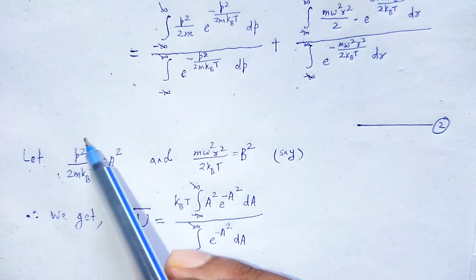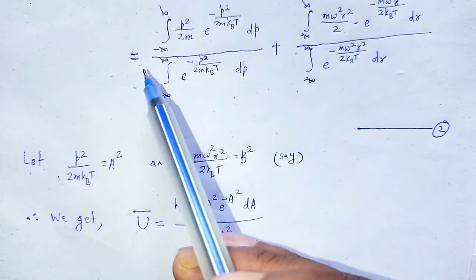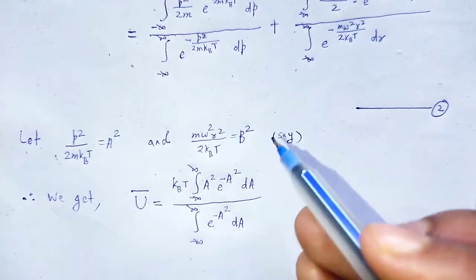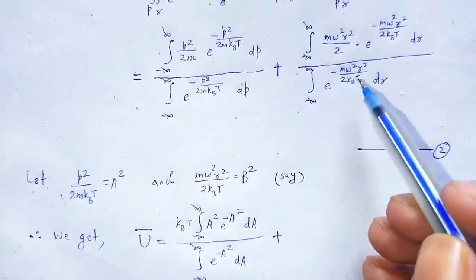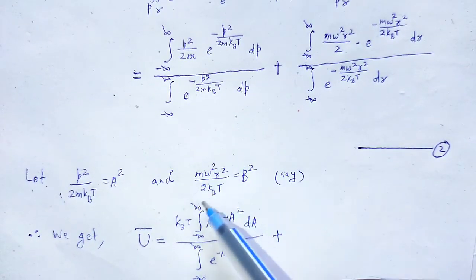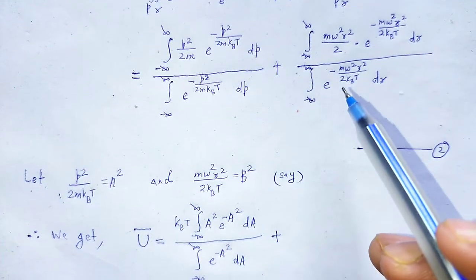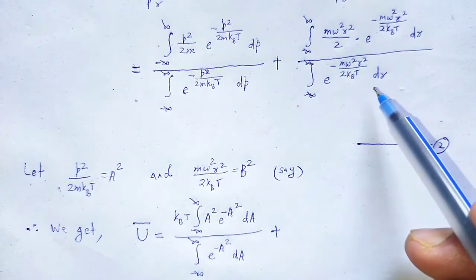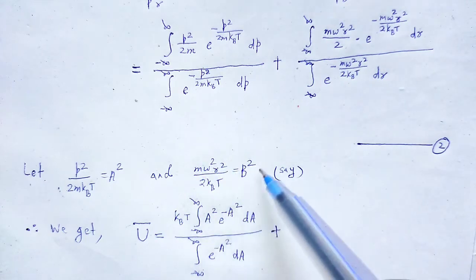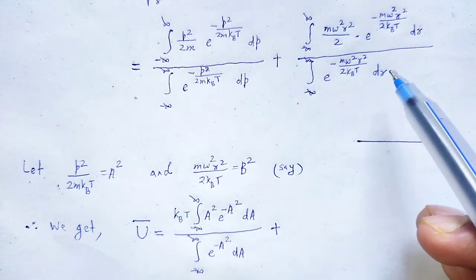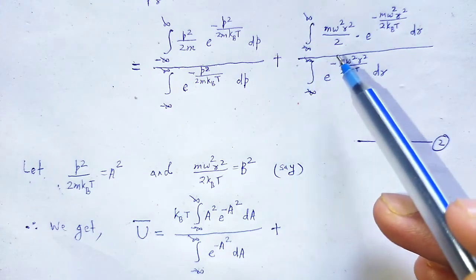So in the numerator and denominator these constants cancel out, and only dA remains. The same thing for r: differentiating gives dr with some constant as dB, and in numerator and denominator these constants cancel out.